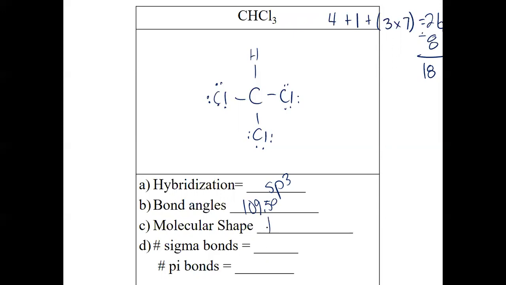The molecular shape is going to be tetrahedral. Sigma bonds, you have 4 sigma bonds and 0 pi bonds. So hopefully you're getting the hang of it. If you have questions, please let me know.